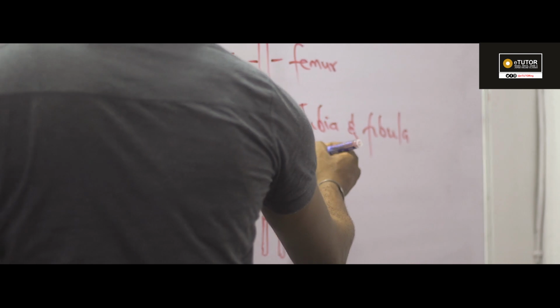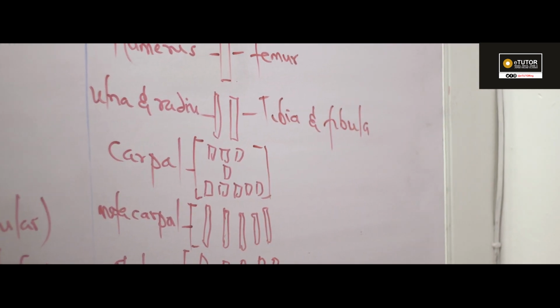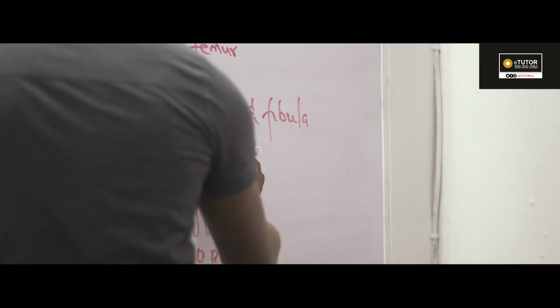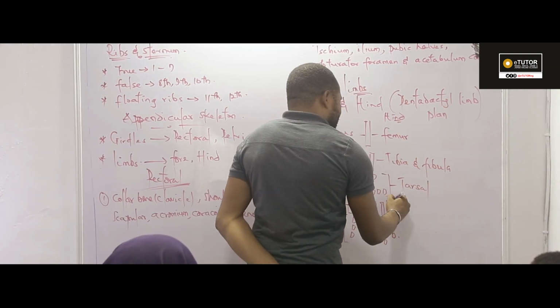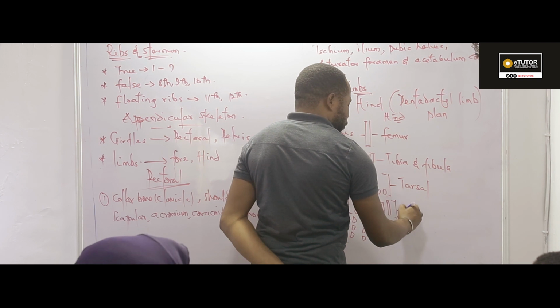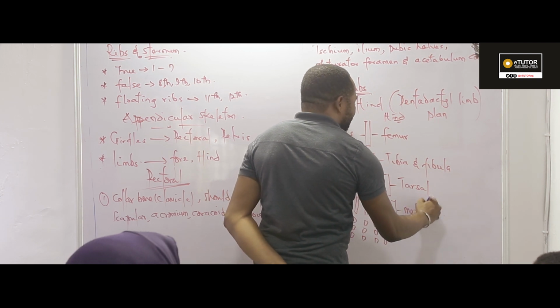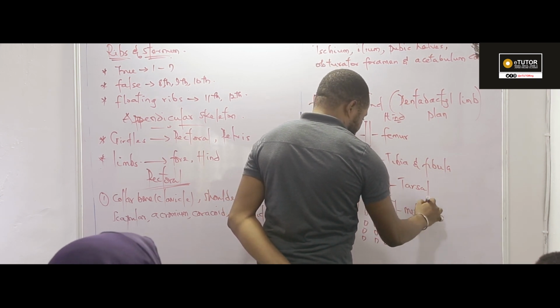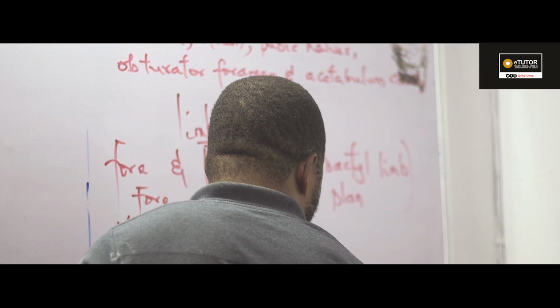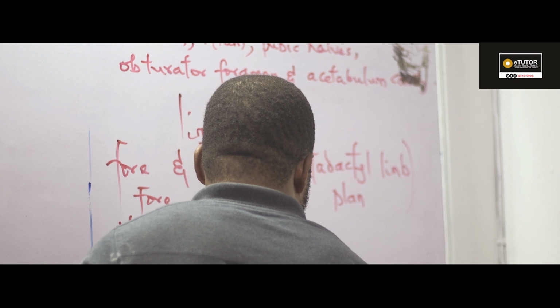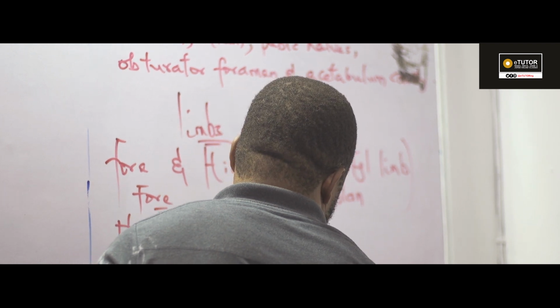Then after that, we have the bones of the ankle, 9 small bones. We call them tarsals. Then the bones of the foot, metatarsals. And the bones of the toe or digit, called phalanges.